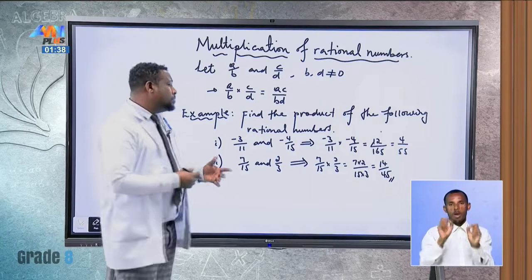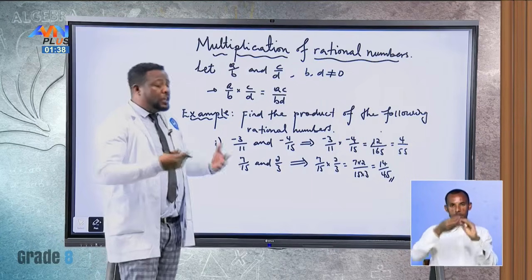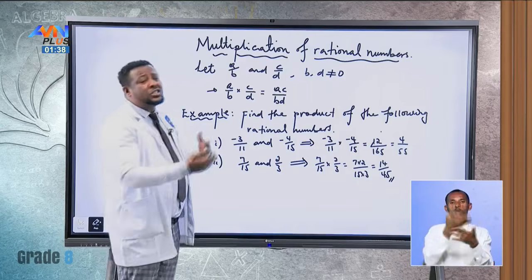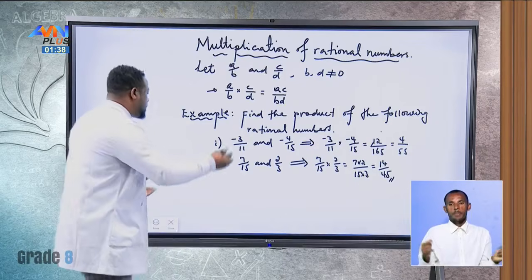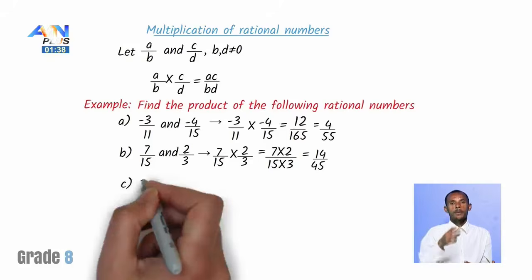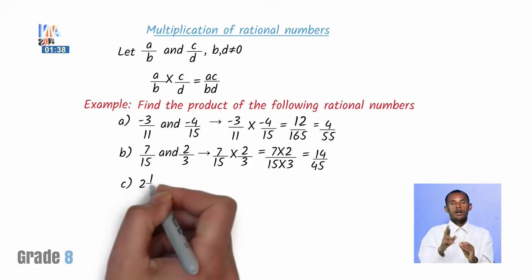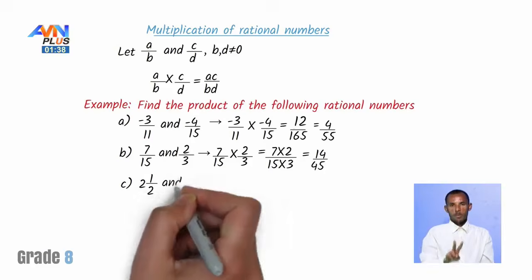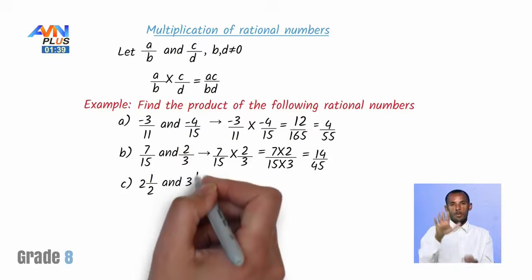Sometimes the rational numbers may be given in the form of mixed fractions. Say the rational numbers are 2.5 and 3 and 1 over 4.